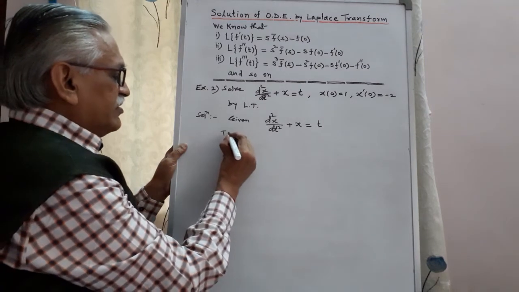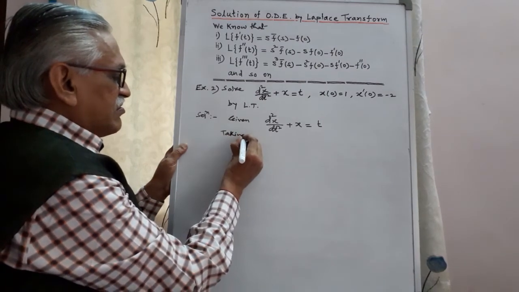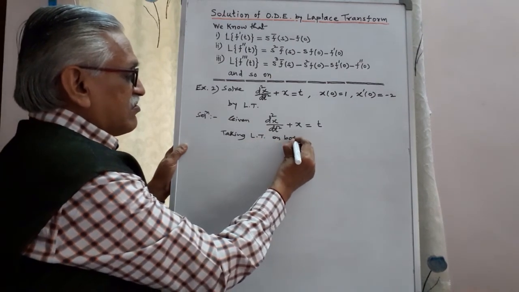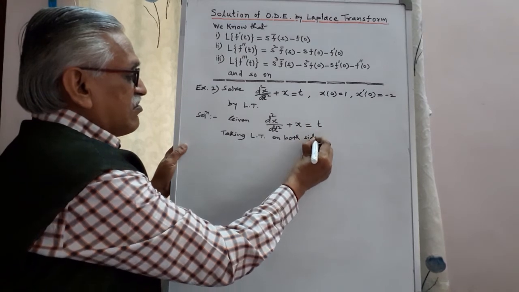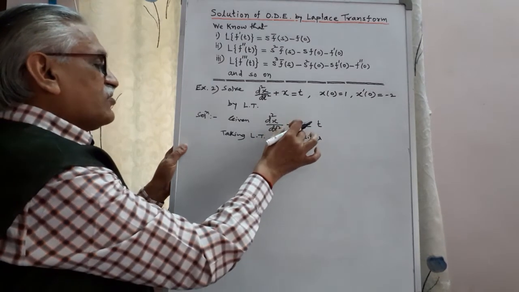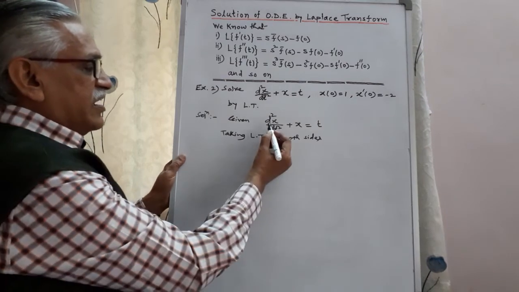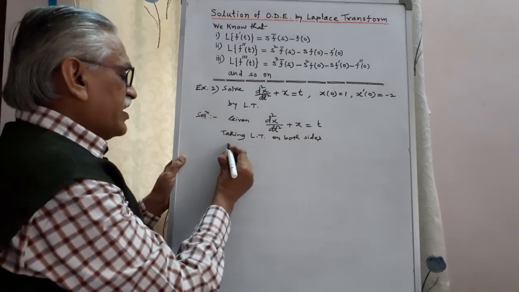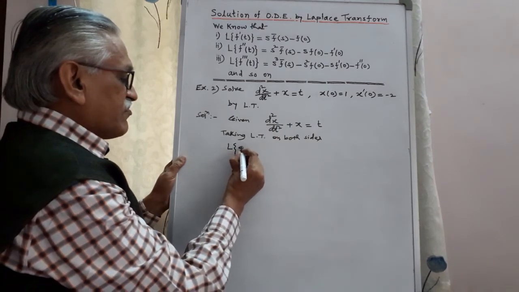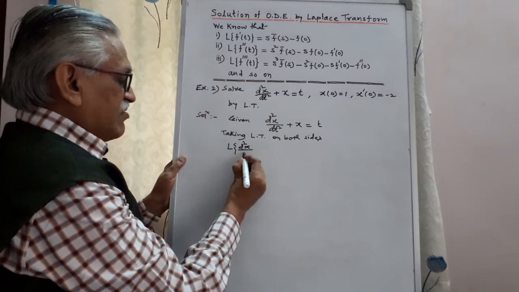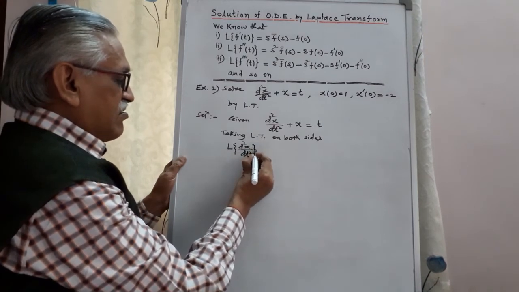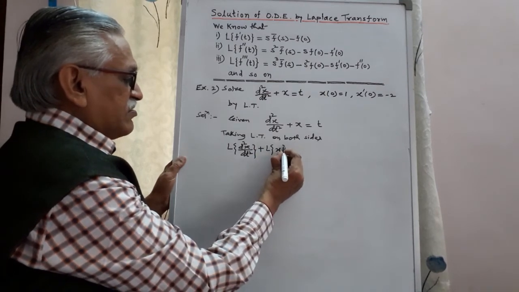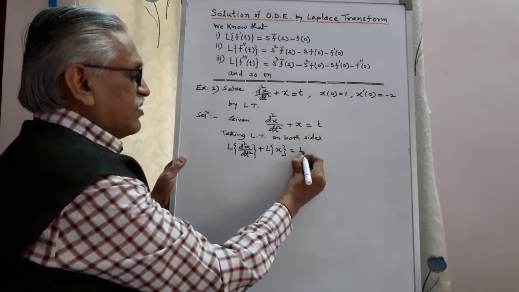Taking Laplace on both sides, therefore Laplace of left hand side, Laplace of right hand side, and taking individual Laplace on left hand side, we get Laplace of first term plus Laplace of x, and that is equals to Laplace of t.